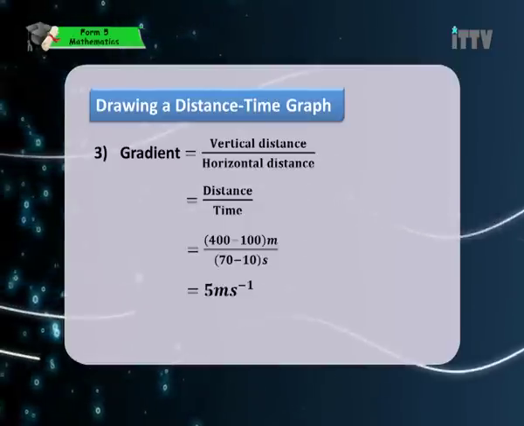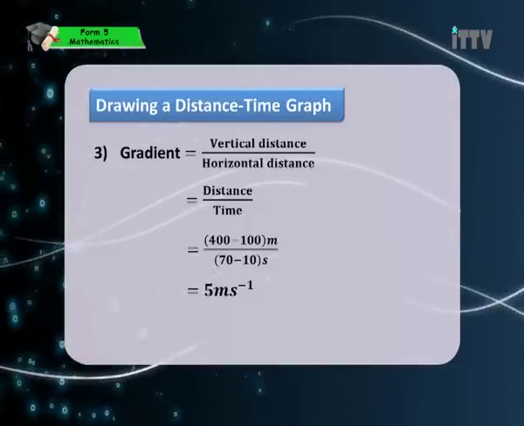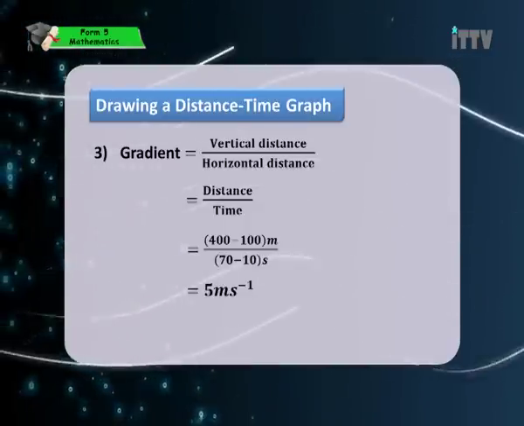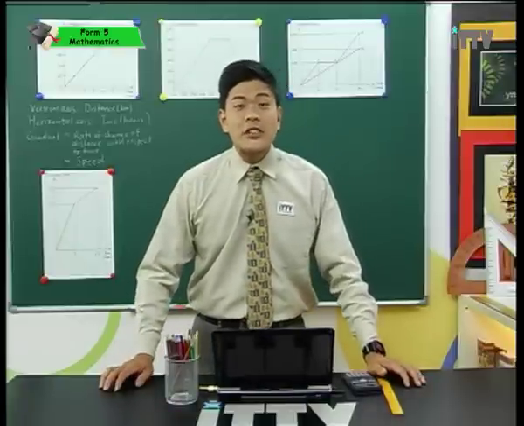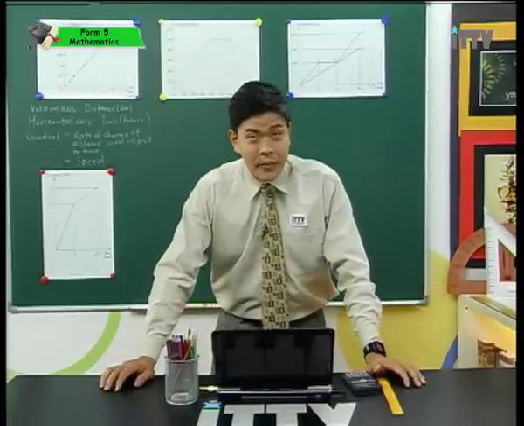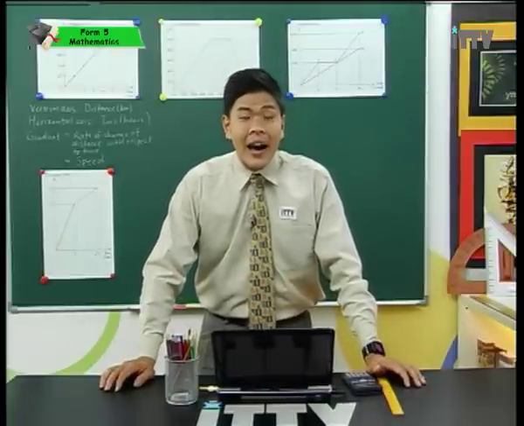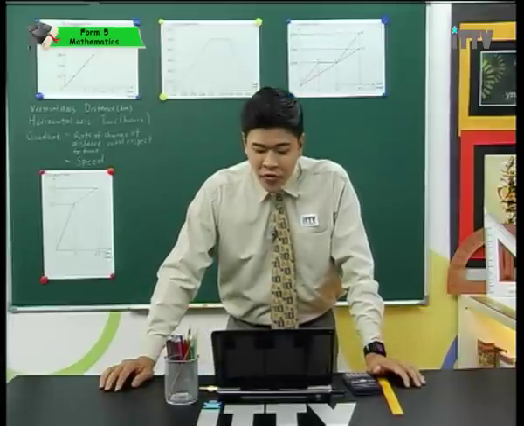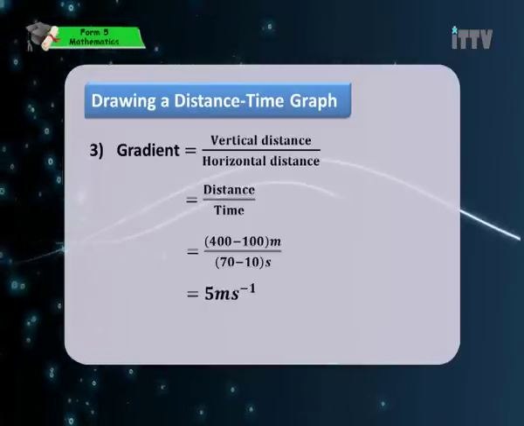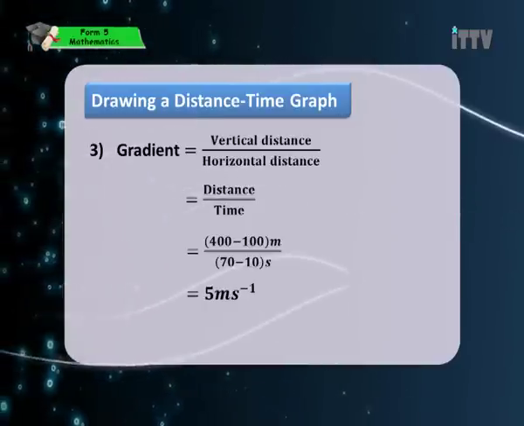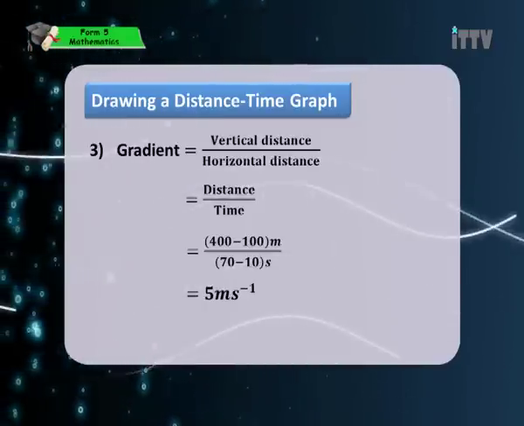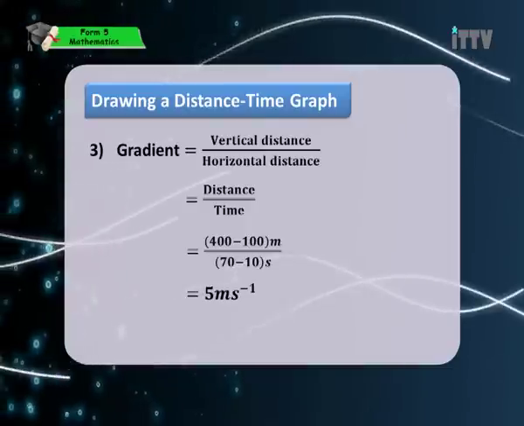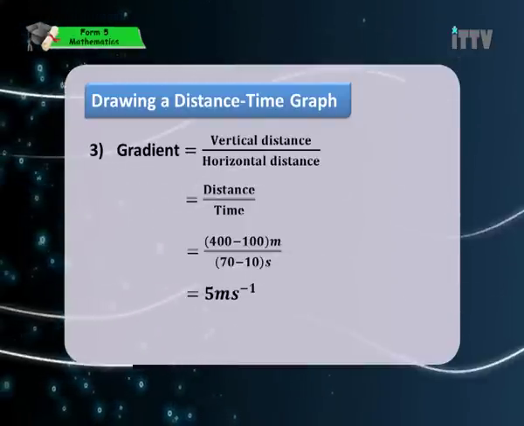So it is also equal to the distance over time, because those are the quantities on the axes. Substituting the values, 400 minus 100 meters over 70 minus 10 seconds, and we get the gradient is 5 meters per second.